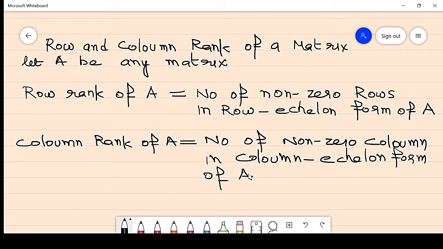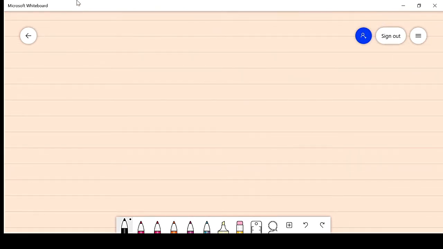So first my question is, find the row and column rank of a matrix. The matrix is given, and my aim is to find its column and row rank. This is a very important result.